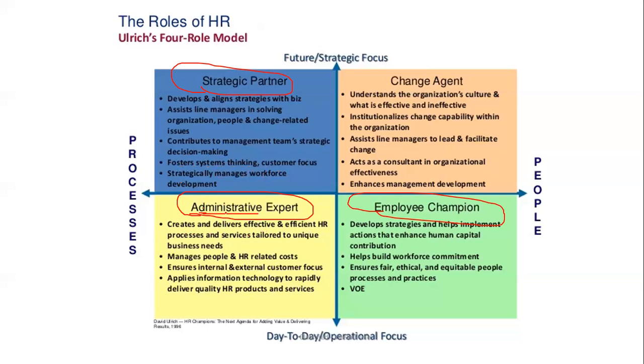Administrative, please keep in mind, managing people, ensuring customer focus, application of information technology. When we talk about employee champion, it will represent employees. So strategies to develop or enhance human capital, build a workforce with commitment, ensure fair ethical practices for the people, and voice of an employee. So VOE is nothing but voice of an employee.